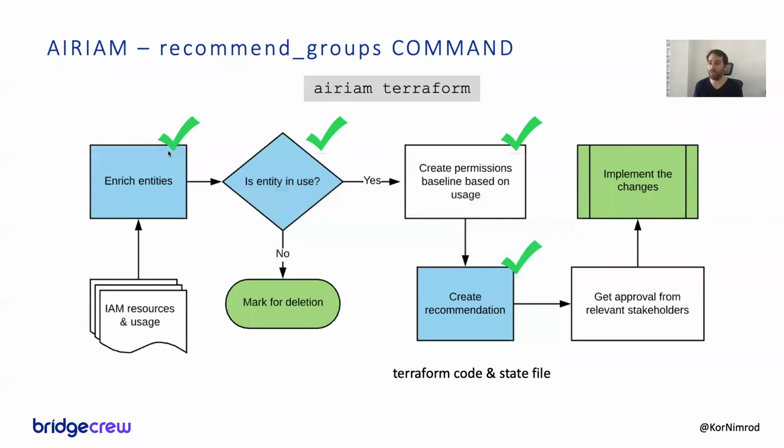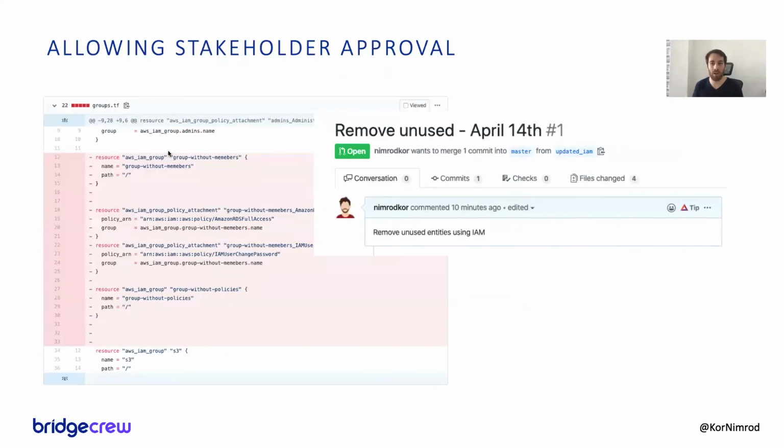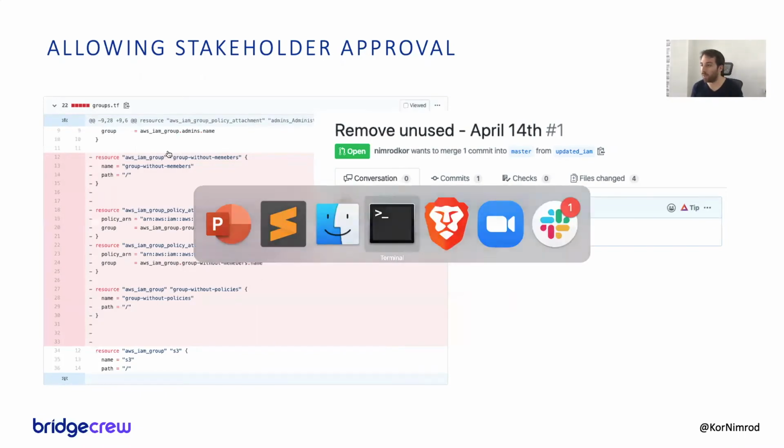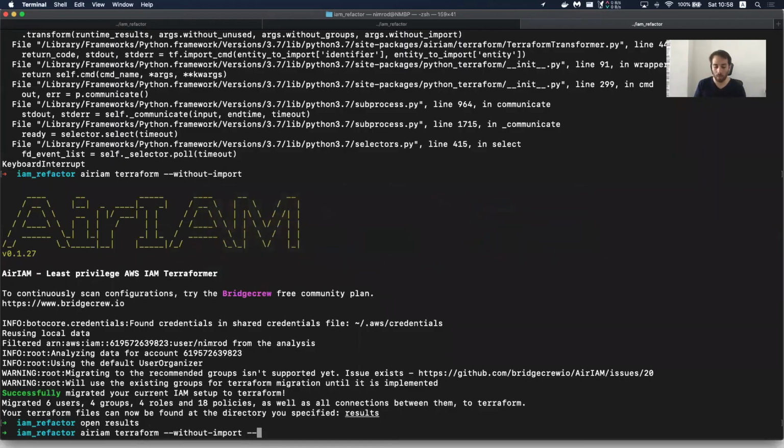So how can we leverage that to get approval from the relevant stakeholders? I think it's very easy to see where this will go. Your choice of version control system, we like GitHub specifically. So I used GitHub for this. I committed the current IAM setup to a master branch, and then I ran another command, the flag without unused.